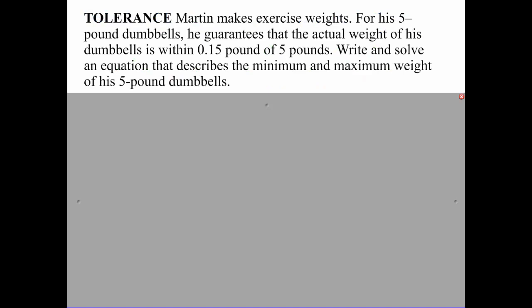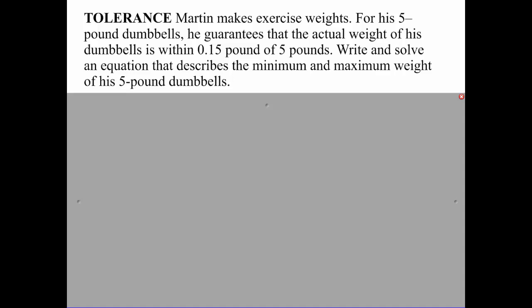Okay, our next example. Martin makes exercise weights. For his 5-pound dumbbells, he guarantees the actual weight of the dumbbells is within 0.015 pound of 5 pounds. Write and solve an equation that describes the maximum and minimum weight of his 5-pound dumbbells.